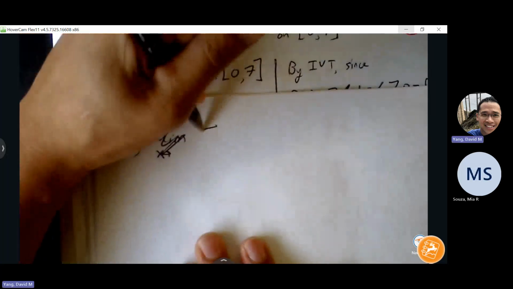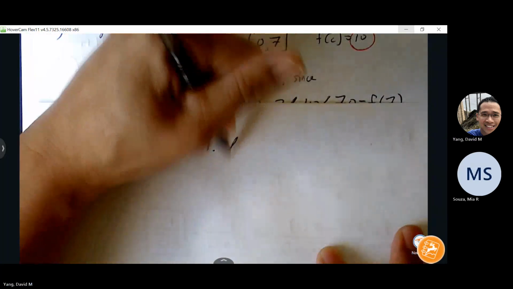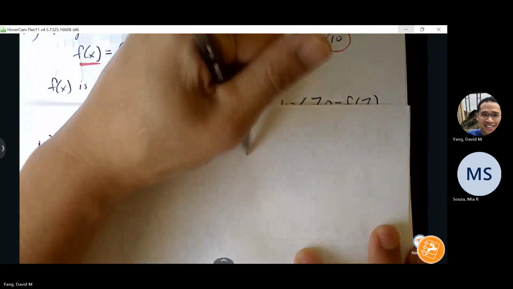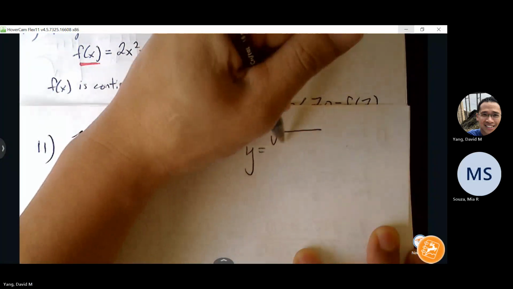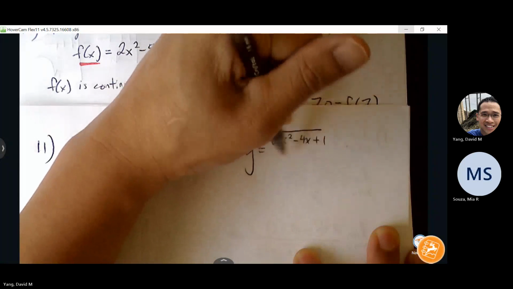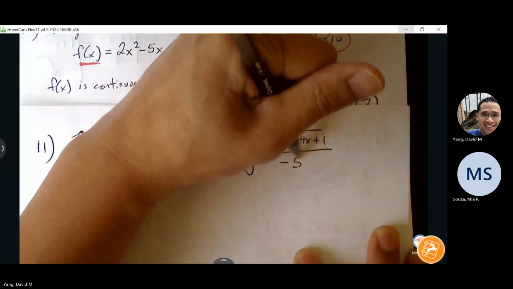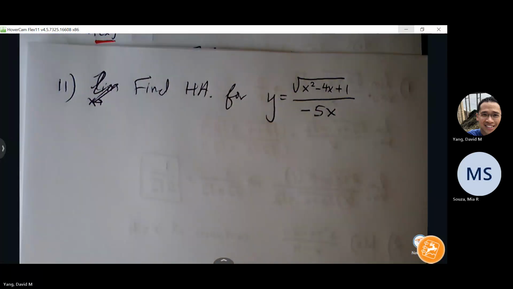Find the horizontal asymptotes for this function.